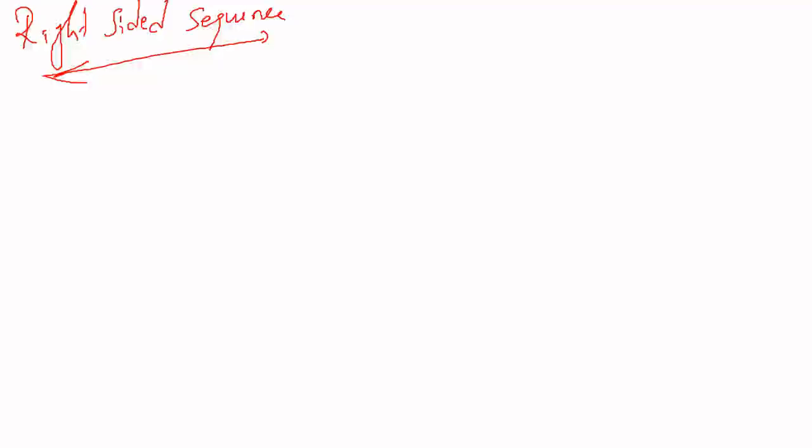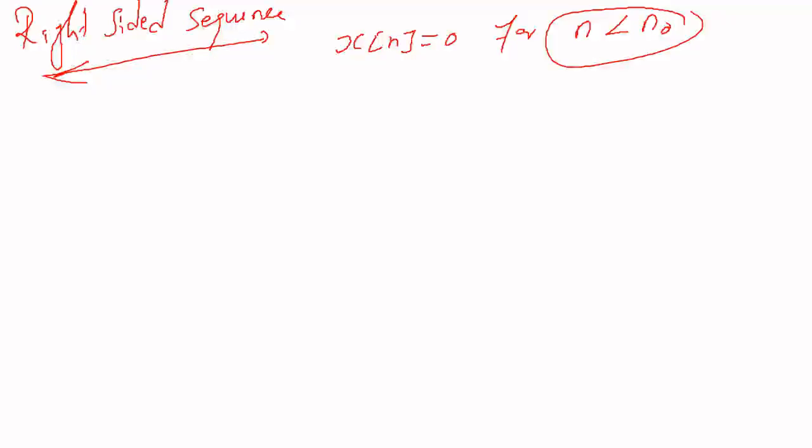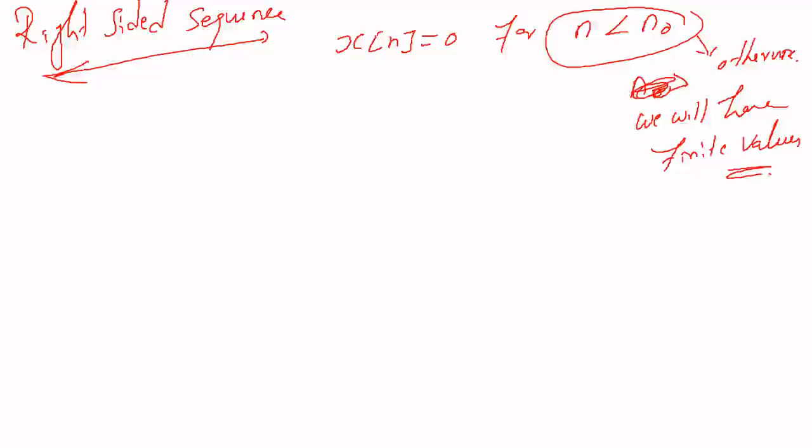Right-sided sequence means x of n is equal to 0 for all n less than n0, otherwise we will have finite values. So this x of n is called a positive sequence actually.